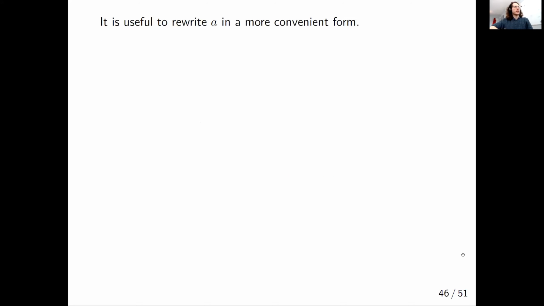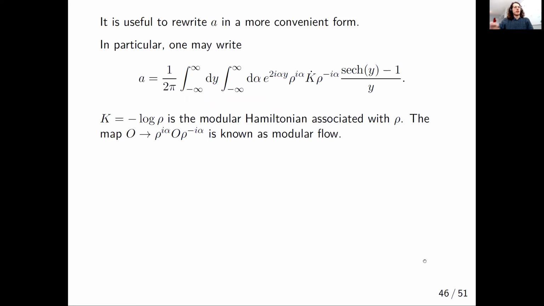So to address that term, it's useful to write A in a different way. And it's possible to show that you can do this. So you can write it in this way. It might look more complicated than the previous form, but it turns out not to be. And the reason is that it expresses things in terms of objects we might be familiar with.